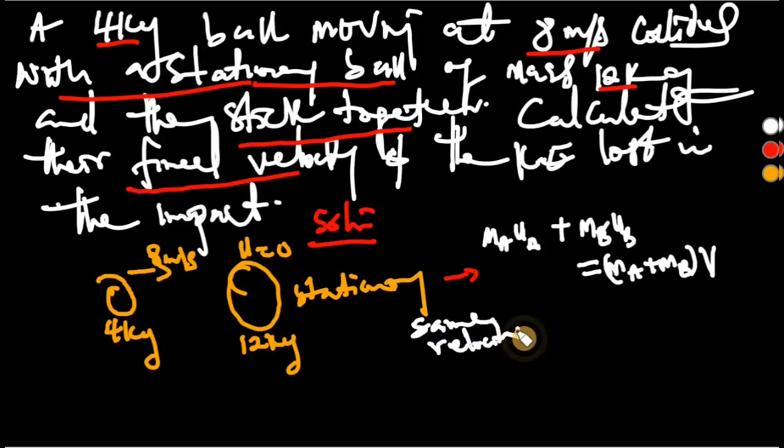The two bodies, when they collide, move with the same velocity. So this is the mass of body A, this is the initial velocity of body A, this is the initial velocity of body B, and this is the mass of body B.